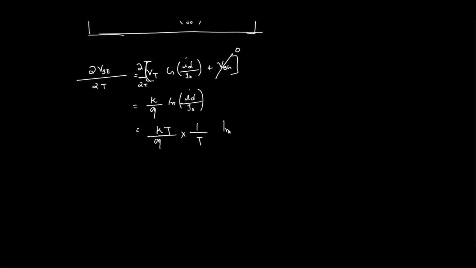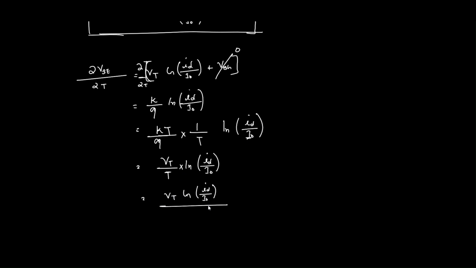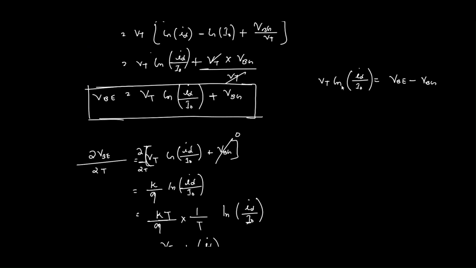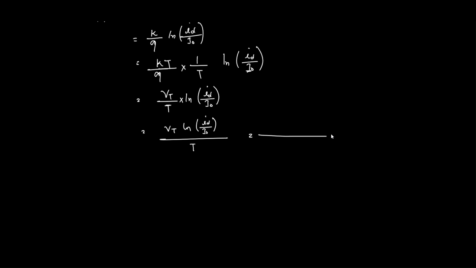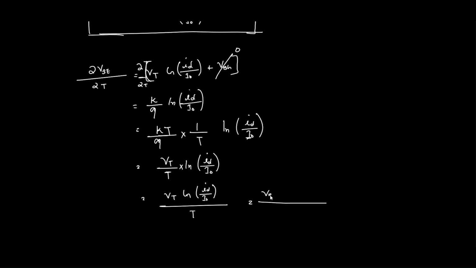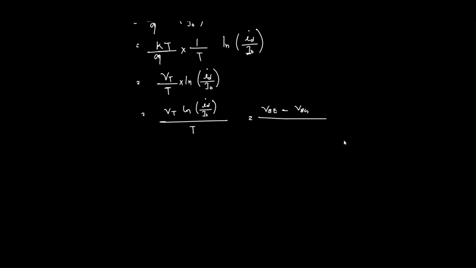So ln ID by I0. So we can say that VT ln ID by I0 equals VBE minus VBG, this term, by T.